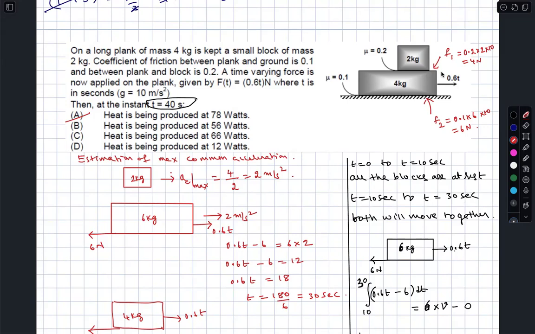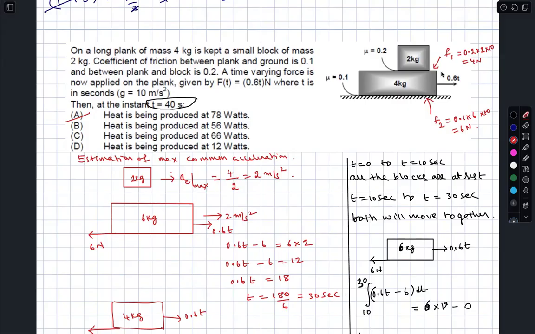So what is estimation of common acceleration? It involves 2 things. The first thing is to consider what is happening over here. I have clearly worked out that at t equal to 10 seconds only, motion is starting.